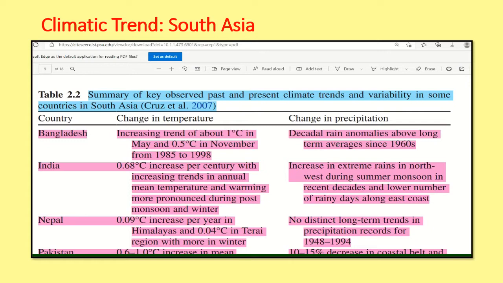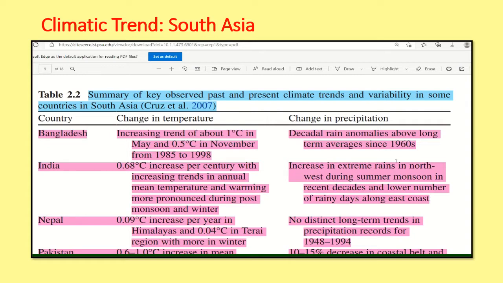In the case of India, there is a 0.8668 degrees centigrade increase per century in the annual mean temperature, and the warming rate is more pronounced during the post monsoon and winter. Rather, India gets warmer than the average during the post monsoon period.